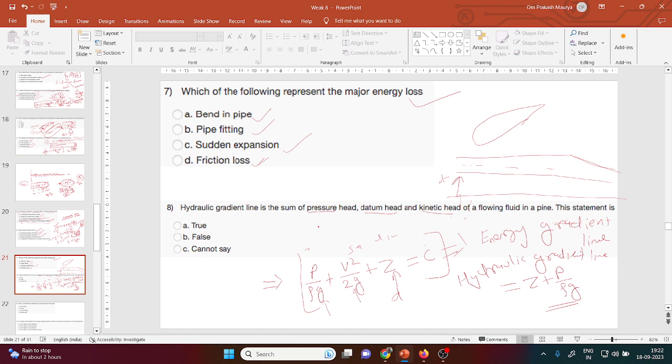But I was confused with the theory that I have gone through. The energy line should be at the top, and the energy line is associated with the velocity head also, isn't it? But this is the response sheet that they have given.